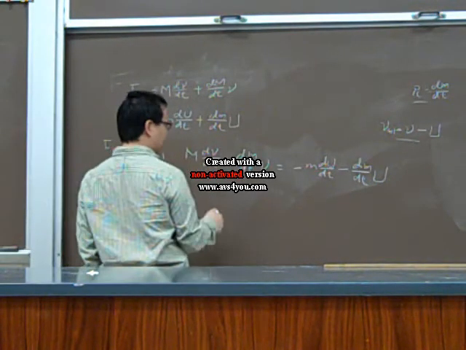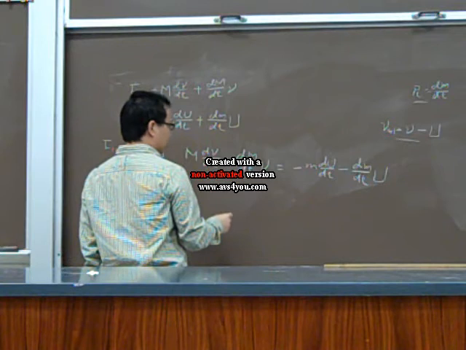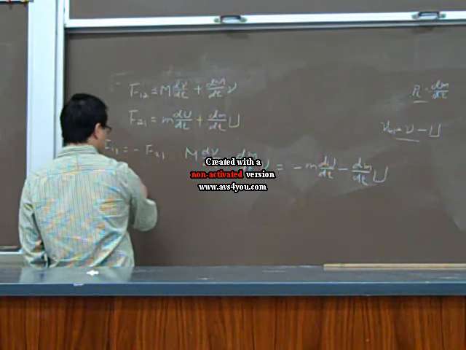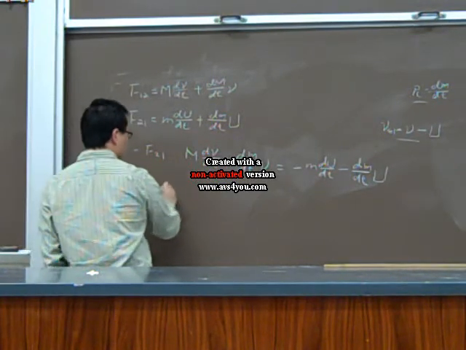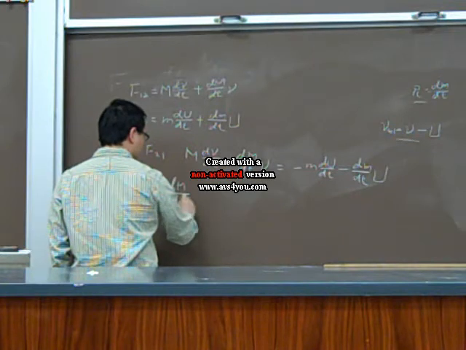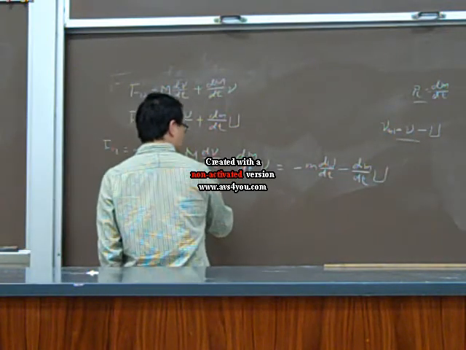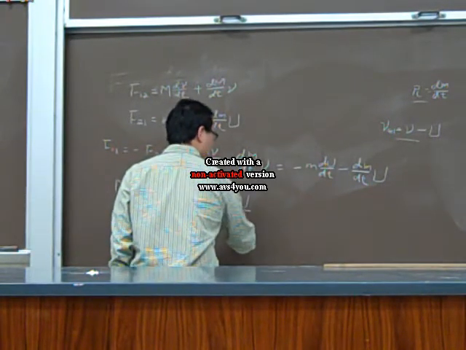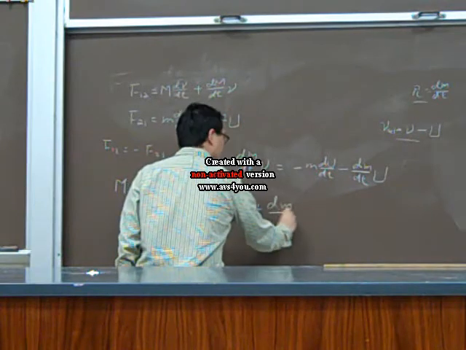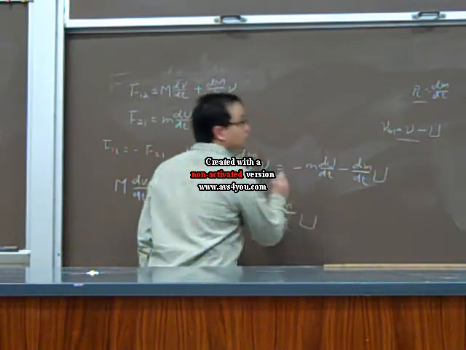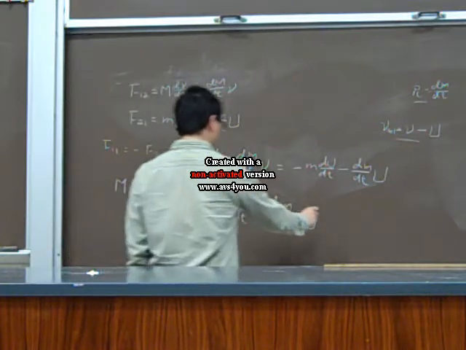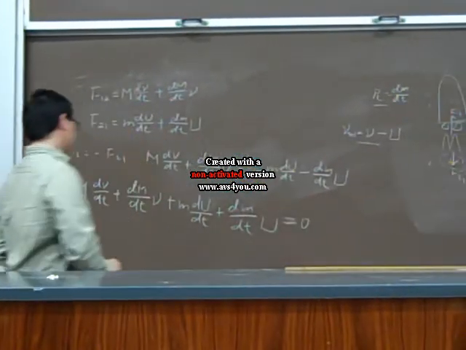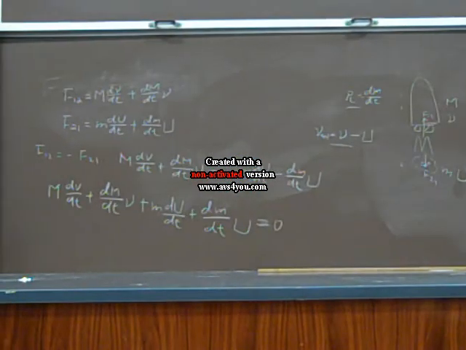Let's rearrange it and first move everything to the left hand side: M dv over dt plus dM dt v plus m du dt plus dm dt u equals 0.